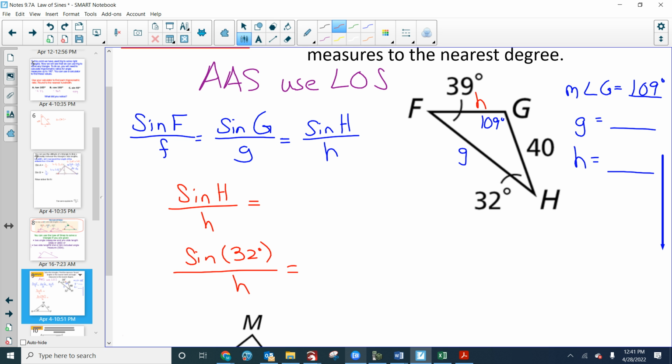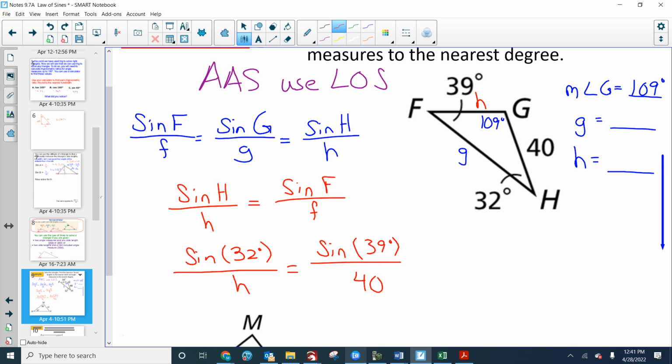Sine of f and little f, or sine of g and little g? F and little f, because I don't know little g. I can't use that pair. I would have 2 unknowns in the same problem. So we're going to use sine of 39 over 40. Are you all with me where this setup comes from?